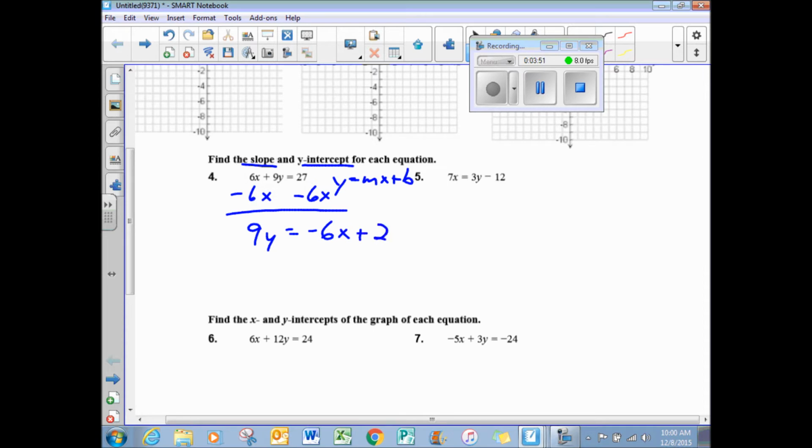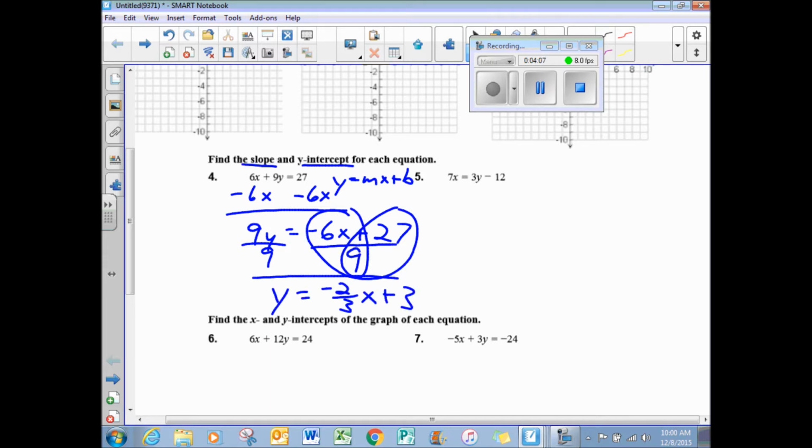The reason I put the negative 6x first is to have the x first, just like in slope-intercept form. Divide both sides by 9, and you all know that we need to divide both of those by 9. We get y equals negative 2/3 x plus 3. What is the slope? Negative 2/3. What is the y-intercept? 3.